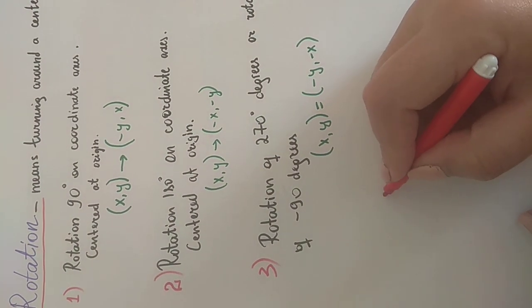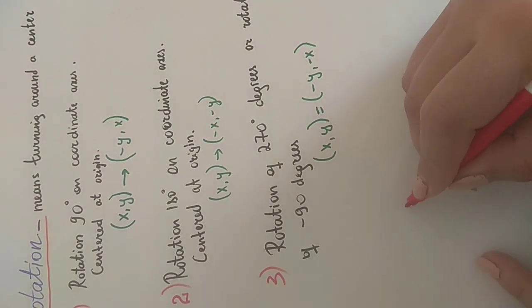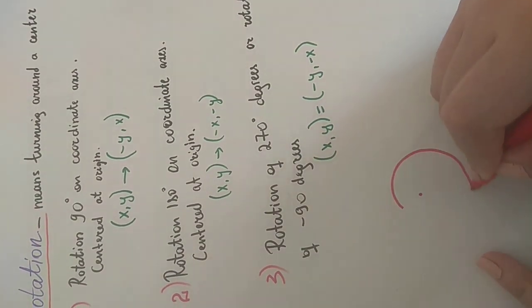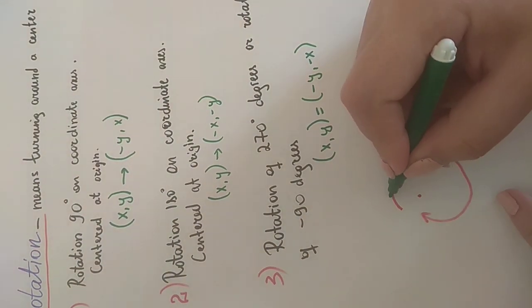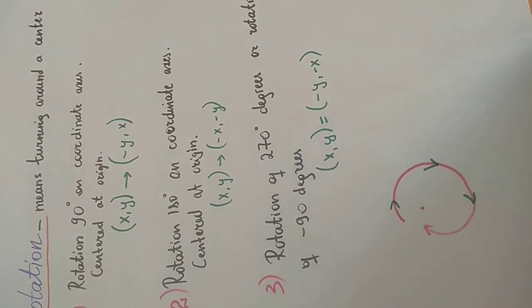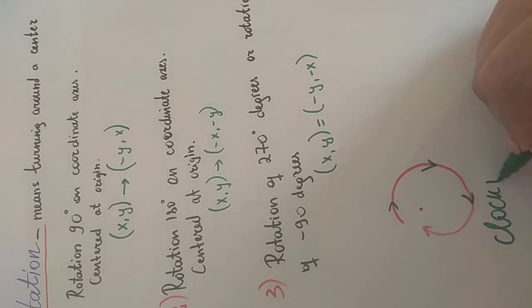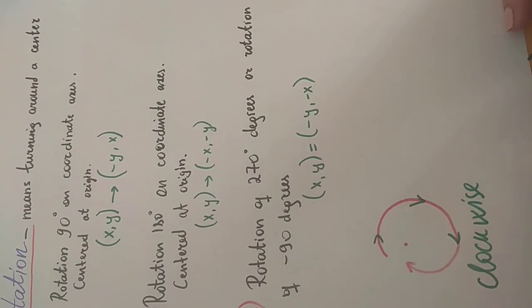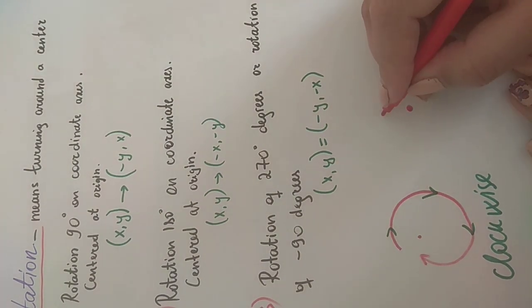Look at here. Always, guys, if this is your center and it goes this way, it should be clockwise. Let me just show you like that. Okay, this position is clockwise, but that one, okay, how can I draw?